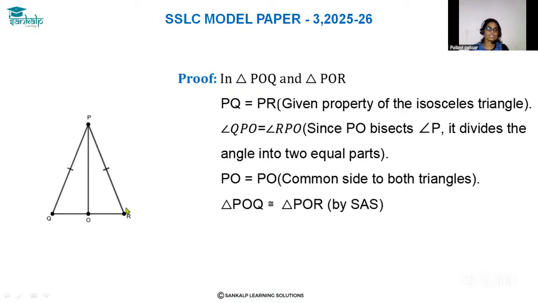So congruent triangle means corresponding sides are equal and corresponding angles are equal. Okay.